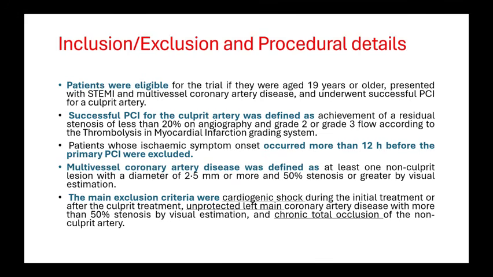Number 2, they underwent a successful PCI for the culprit artery, achieving TIMI 2 or 3 flow with residual stenosis less than 20% in the infarct-related artery. The patient who was a late presenter, more than 12 hours before the primary PCI, was excluded from the trial. And patients with cardiogenic shock, unprotected left main, and CTO were also excluded from the trial.